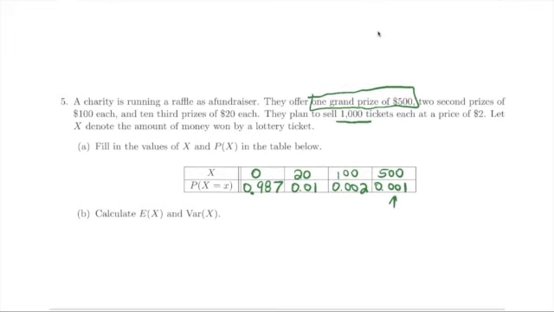Yes, Max. I was just wondering if this would be seen as an independent or a dependent problem, just because of how they pick it. They would pick one person out of it, but they wouldn't be re-entering that person for the other prizes, right? So I think you're thinking a little bit about whether this is like a binomial distribution type of thing.